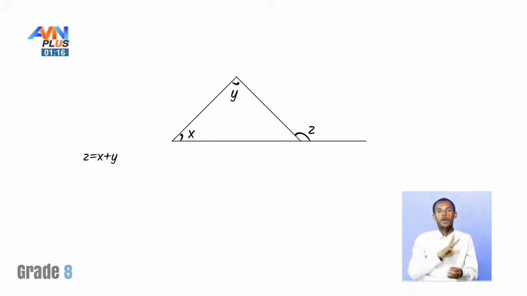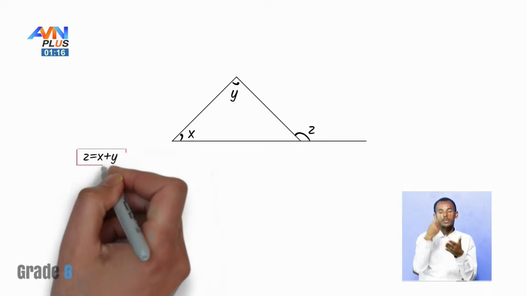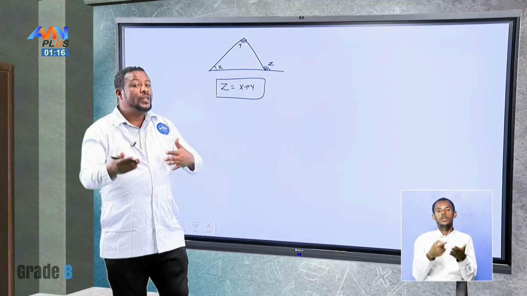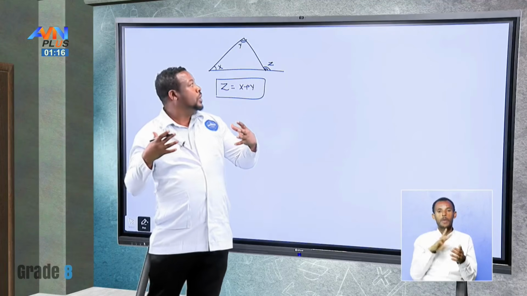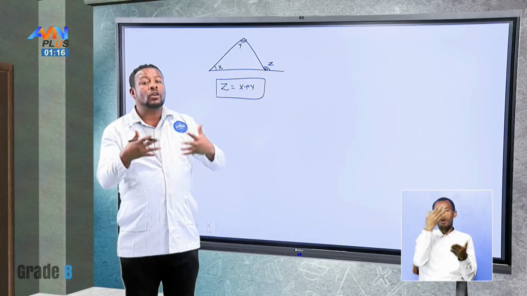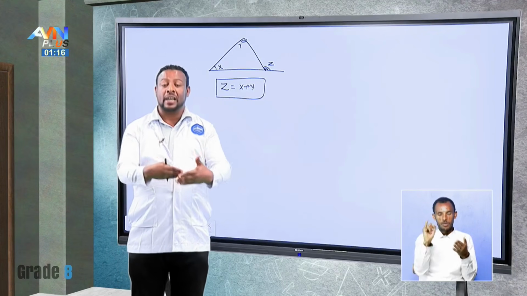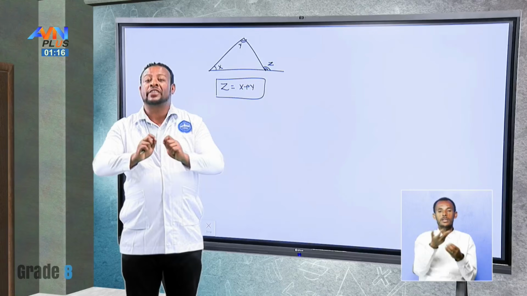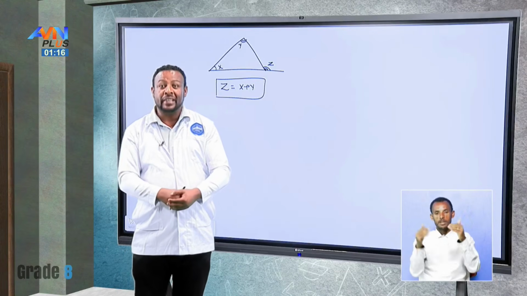We have seen this theorem, and we have seen the proof of this theorem. To prove this theorem, we apply two different things. One is the concept of the sum of interior angles of a triangle. The other one is that a straight angle is 180 degrees.